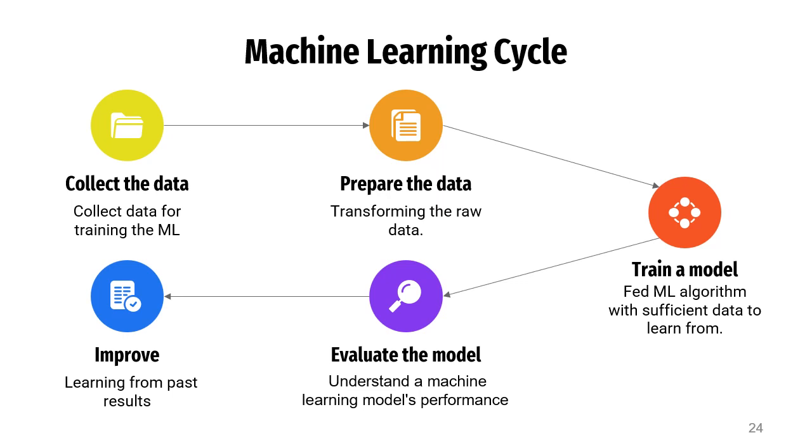Preparing the data means transforming the raw data. The data set that we have collected may contain null values or duplicate values which may repeat over and over again. That will affect the accuracy of our model. If it contains null values, duplicate values, etc., it will affect the overall accuracy of our model.